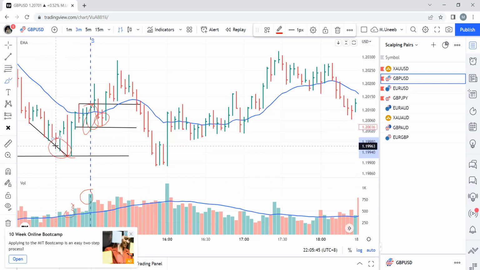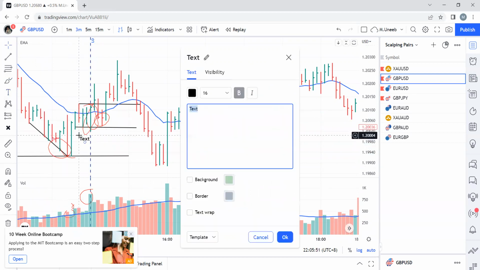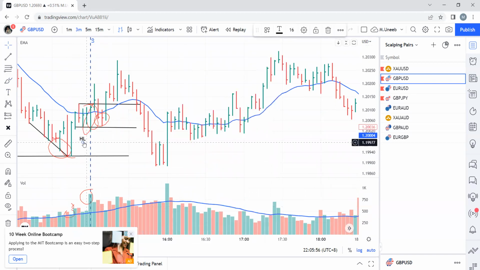Okay, so I told you, after this one is a higher low. Am I right? Higher low. And I told you, whenever we have a higher volume at the secondary test, then that secondary test needs to be retested on a low volume. Am I right? Yeah, correct. So this needs to be retested on a low volume.